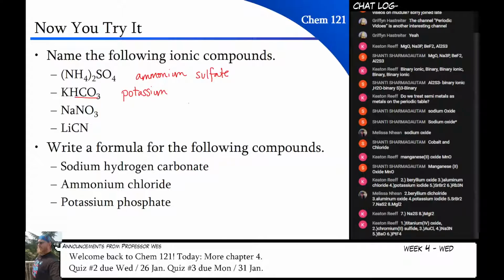And then this is called hydrogen carbonate. We got sodium nitrate and lithium cyanide.